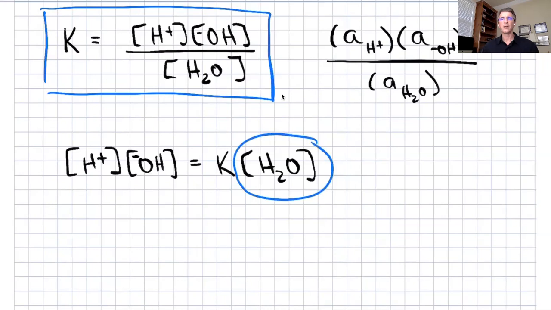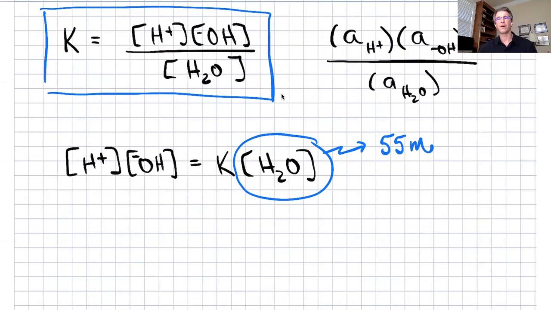Think about that, right? Does the concentration of water in aqueous solution change very much? No, right? Anybody remember what that concentration of water typically is, or what's the value that is known? It's 55 molar, right? It's the standard concentration of water, unless you're in weird conditions where we're not going to generally be operating.